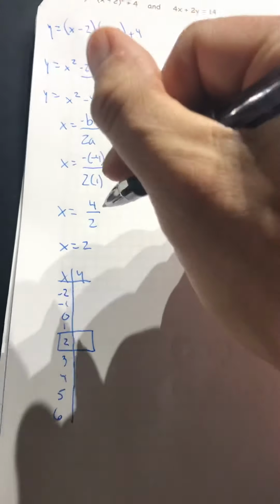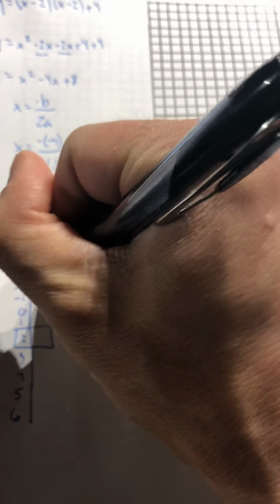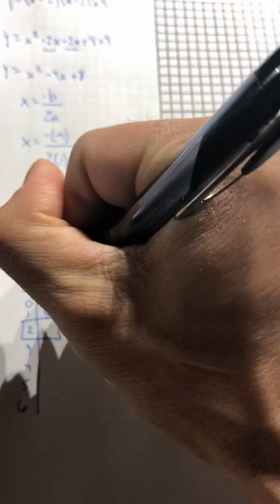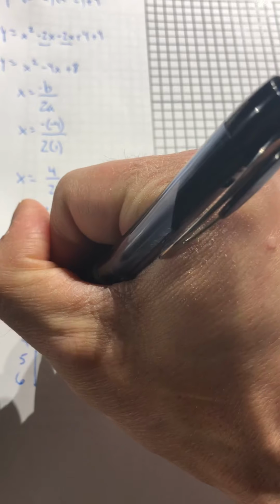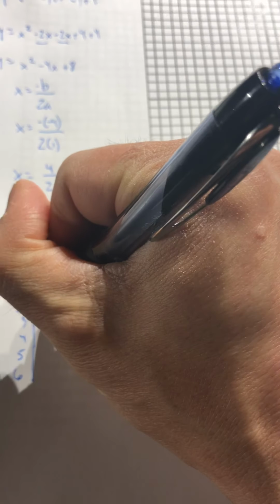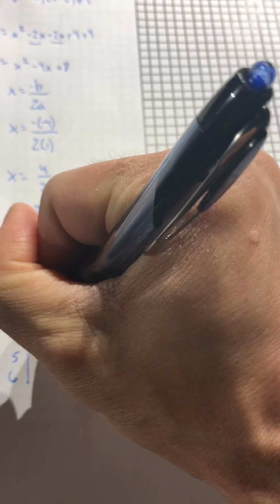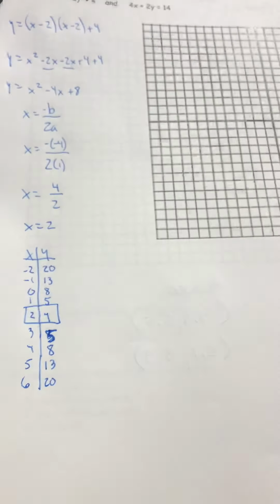And when we do that, we will get values of 20 for y, 13, 8, 5, 4, and then they just repeat. 5, 8, 13, and 20.